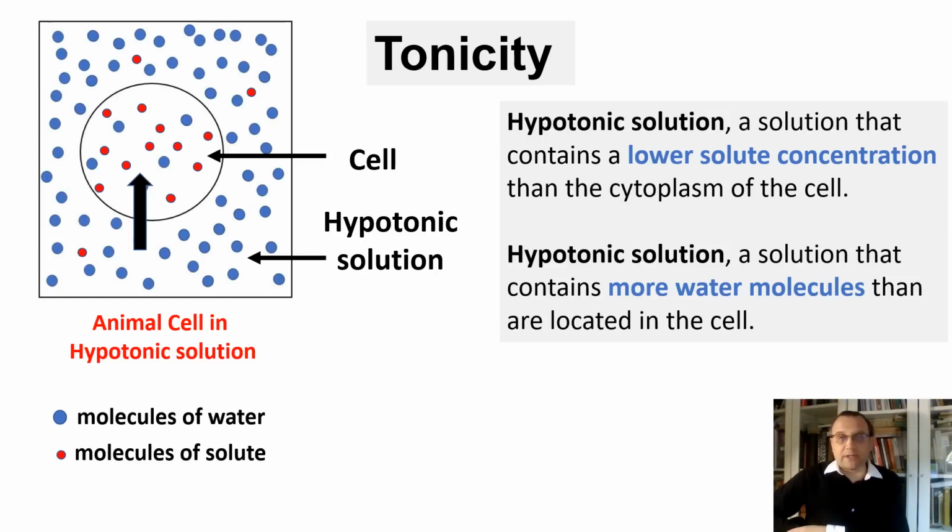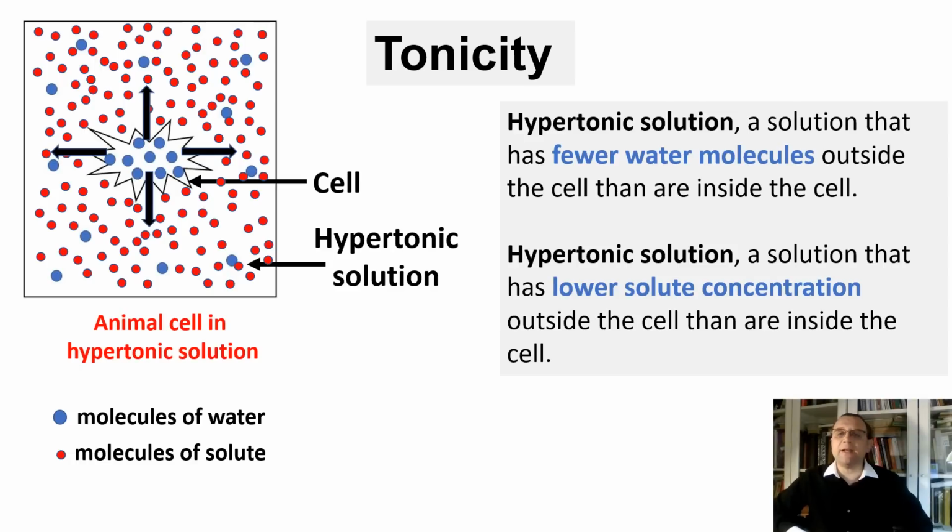A solution that contains more water molecules than are located in the cell is called a hypotonic solution. We also say a hypotonic solution is a solution that contains a lower solute concentration than the cytoplasm of the cell. You see, the less solute in the solution, the more molecules of water in the solution, and vice versa.